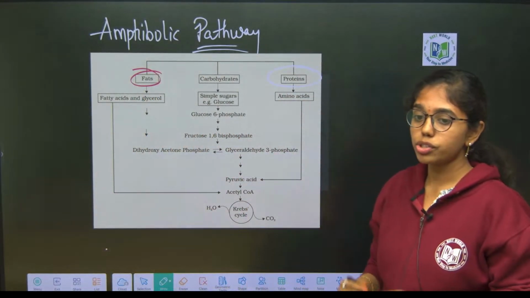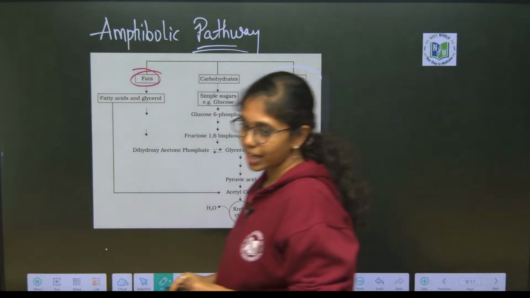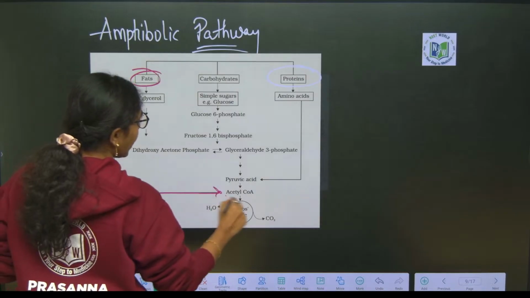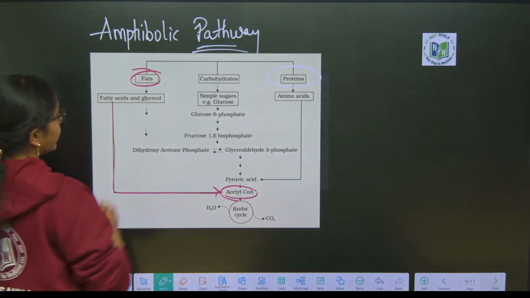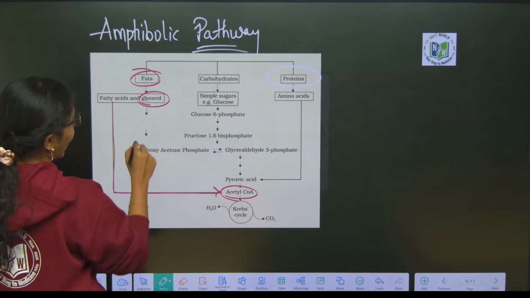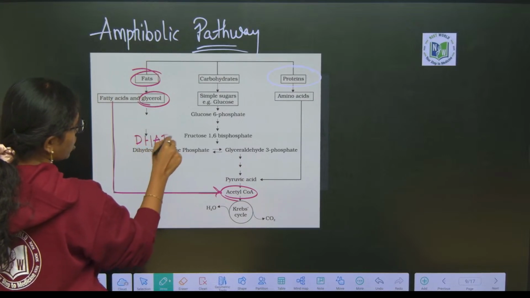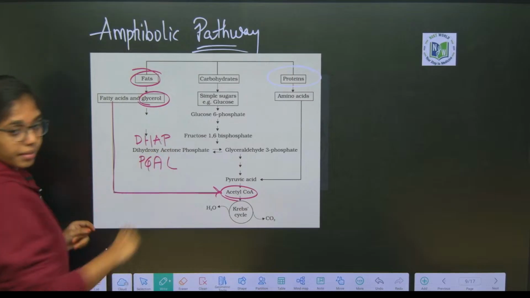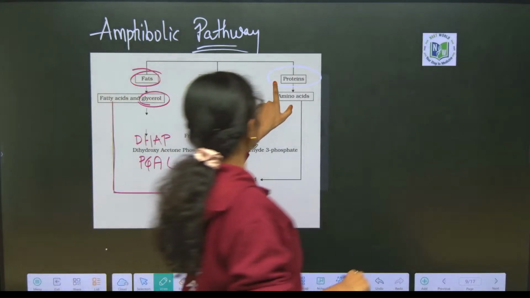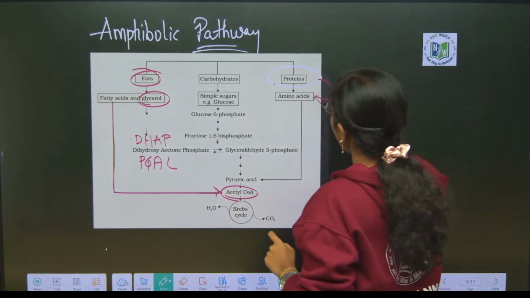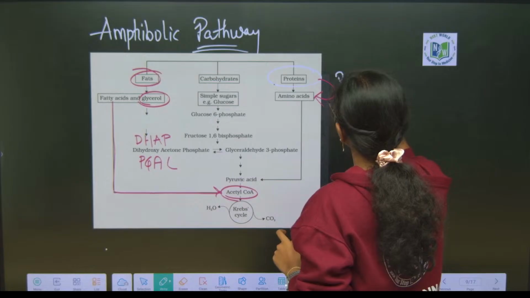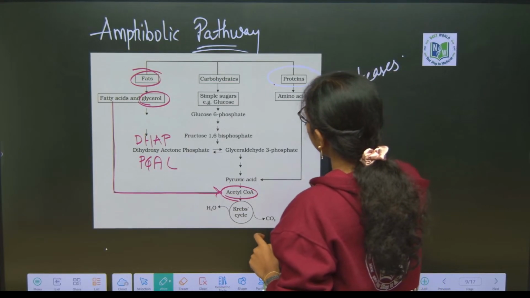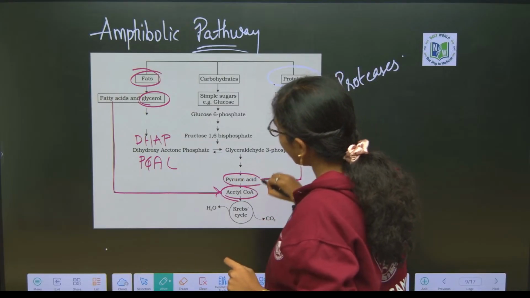Fats will first be oxidized to fatty acids and glycerol, where the fatty acid will join the cycle as acetyl-CoA. Fine. And glycerol will join the cycle as dihydroxyacetone phosphate or phosphoglyceraldehyde. Fine. Now, proteins will first get broken down to amino acids by the enzymes proteases. Fine. And these amino acids will join the cycle at pyruvic acid.